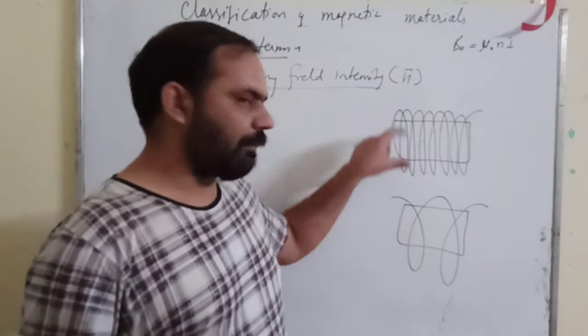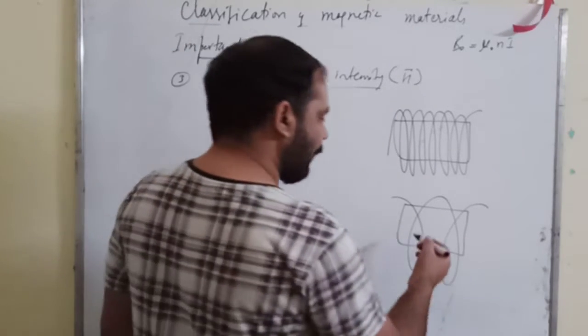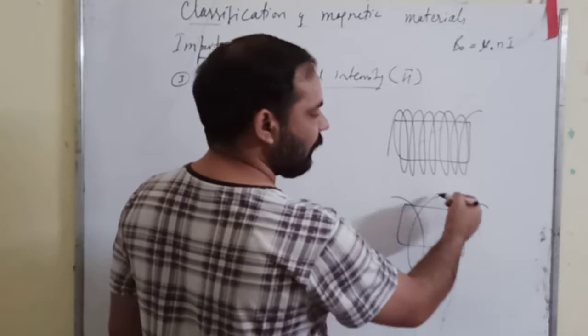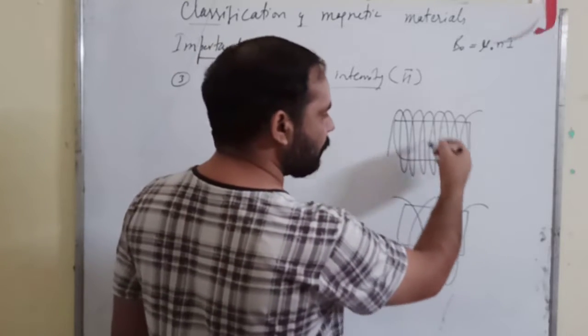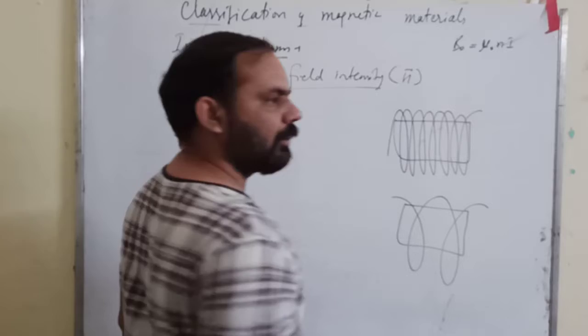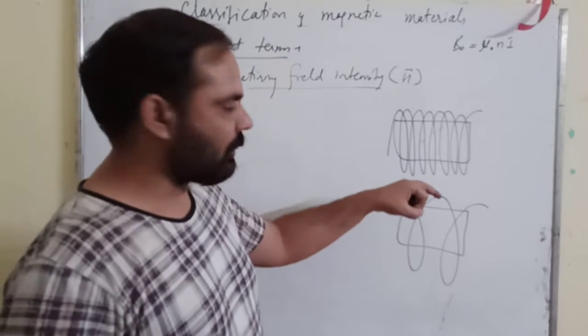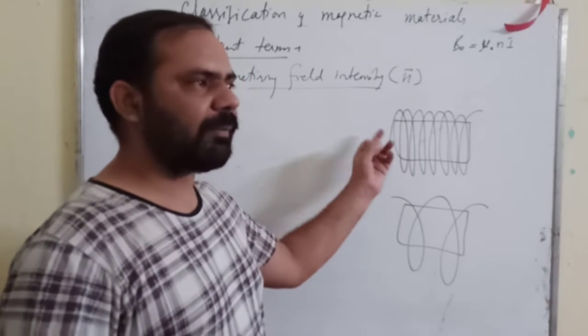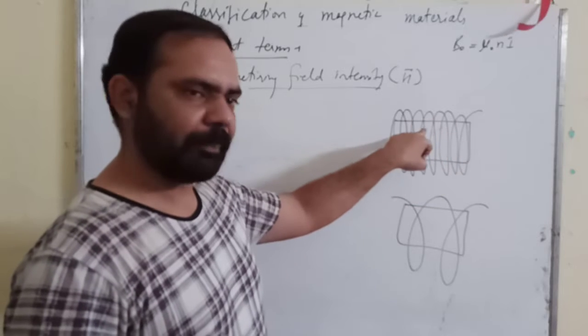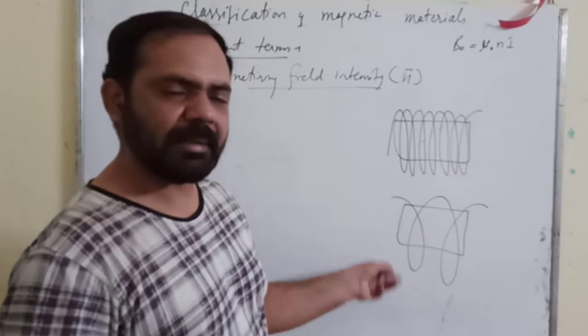So there is a difference. The difference is how many turns, how many times the current is threading through the region in which the object will be placed. Here the number of times the current threads is more, and here it is less.